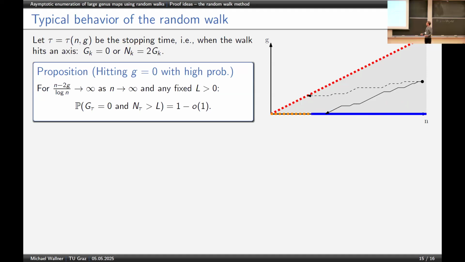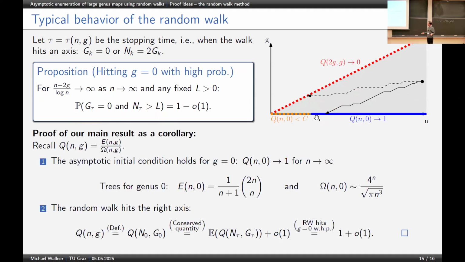Okay, this is where we have full control. We can show that the random walk in omega in this domain with high probability hits this axis, and that's everything we needed. So we can now show, because here we know that Q goes to 0, that Q and 0 converges to 1. And here basically we have this asymptotic initial condition.